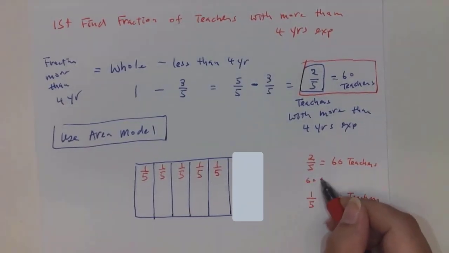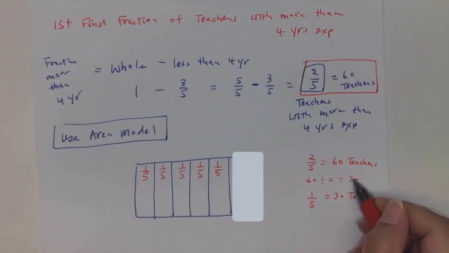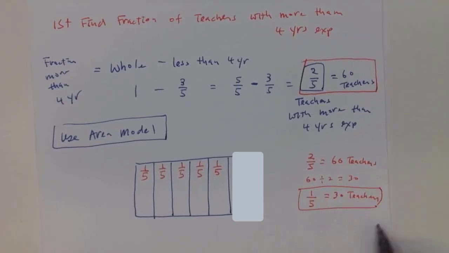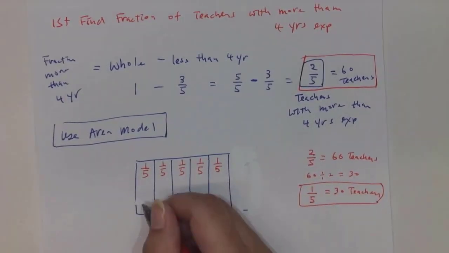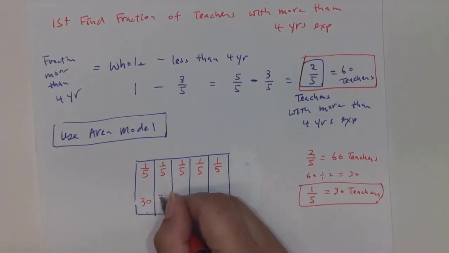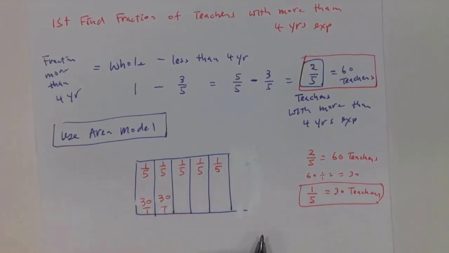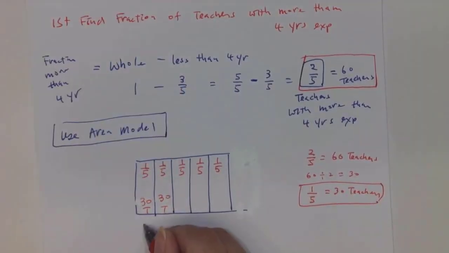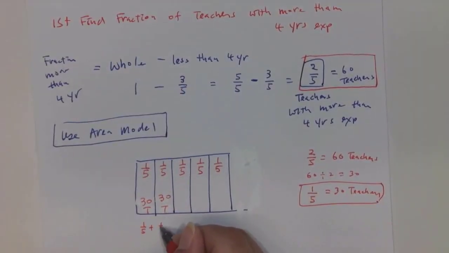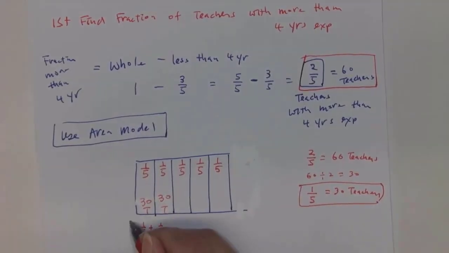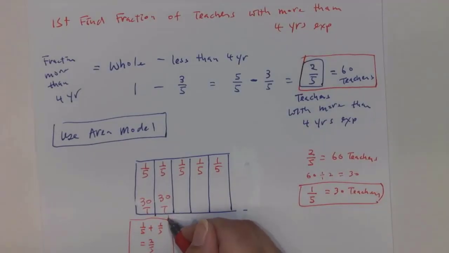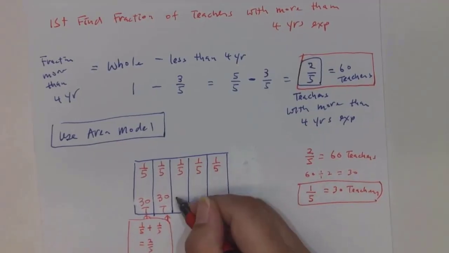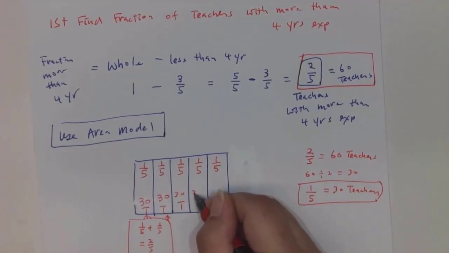Yes, 60 divided by 2 equals 30. So we found out 1/5 is 30 teachers, and 30 here, 30 here. And double checking, this is 2/5 equal to 60. Okay, so 1/5 plus 1/5 equals 2/5 equals 60, right? So this is the part that was given to me, and then I can fill out the rest of them with 30, right?